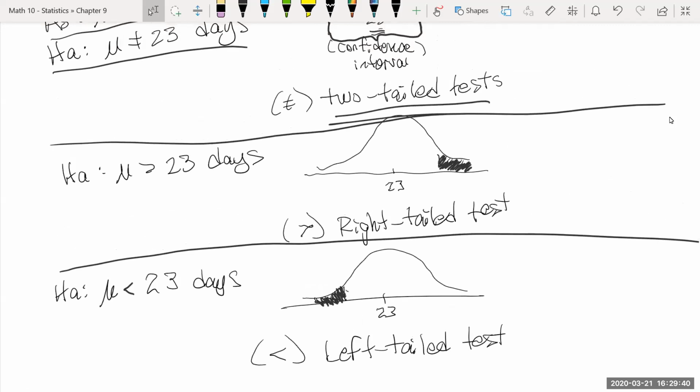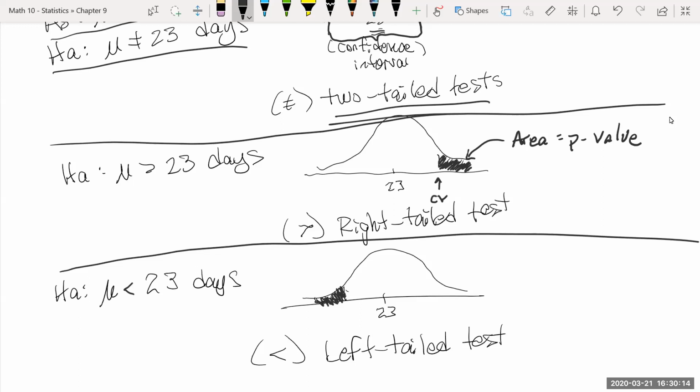That's what I want you to get out of this section, just the idea of what side the tests are, what we're doing. In fact, the value that we find here, that area, is actually what we call the p-value. We'll talk about the p-value in the next section. If we were technically doing this as a critical value, we would actually find this critical value here from a table.